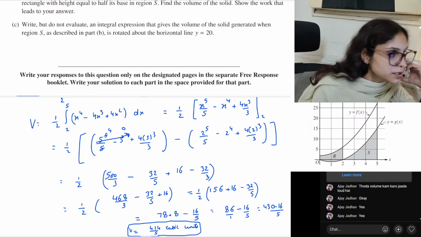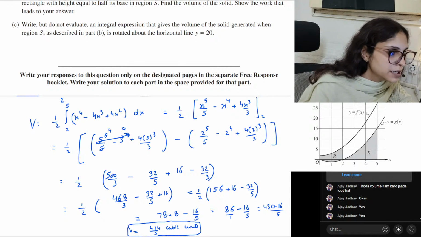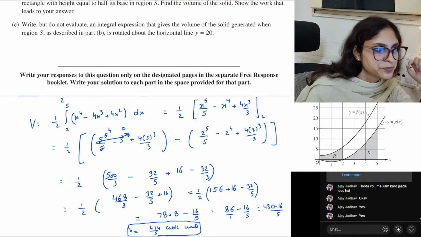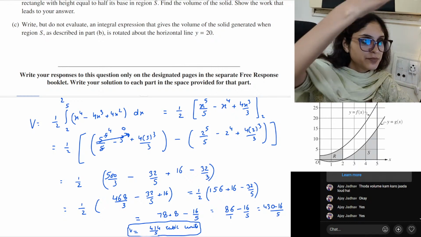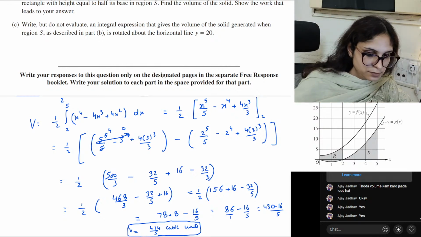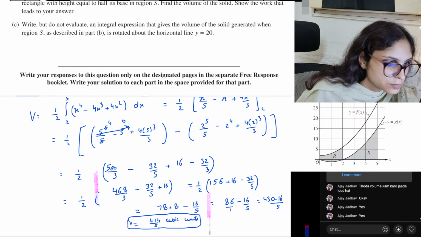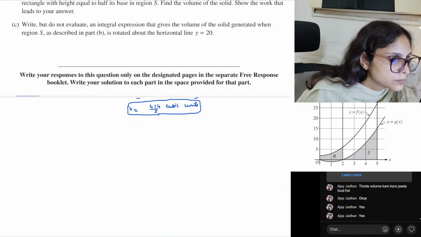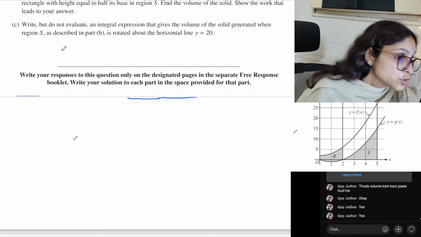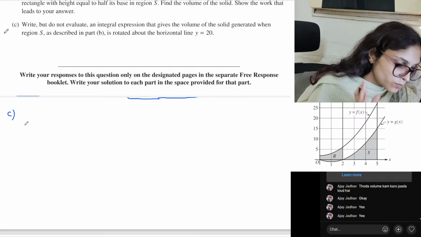Now for part C, again, they do not want us to evaluate, but just write the expression that gives the volume of the solid generated when region S is rotated about the horizontal line y equals 20. So when you are rotating something, it is going to become sort of cylindrical. Got it? So in part B, you have to be very careful with the calculations.